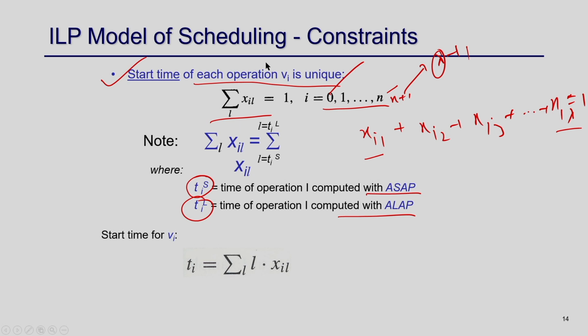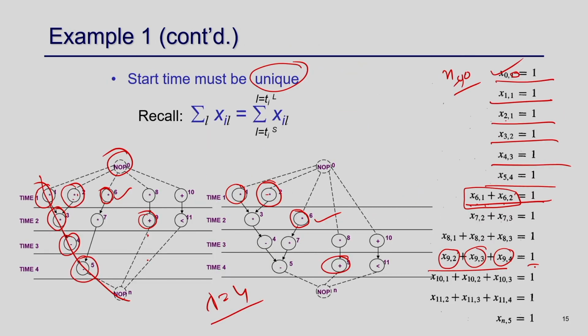Now suppose it is scheduled in time stamp l, or say time Ti, because Ti is the start time of operation Vi. How can I represent this Ti? I cannot introduce another variable Ti; I have to represent everything in terms of xil, because that is the unknown variable for us. As I mentioned, one of the values is 1.